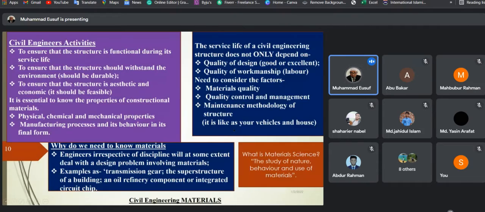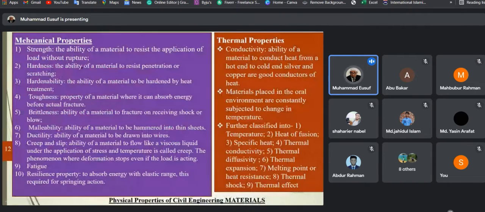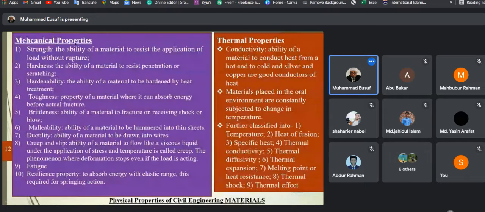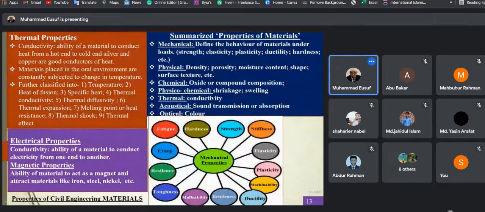Okay. Let's move to the properties of materials: physical properties, mechanical properties, thermal properties, electrical properties, magnetic properties. This is the summary.